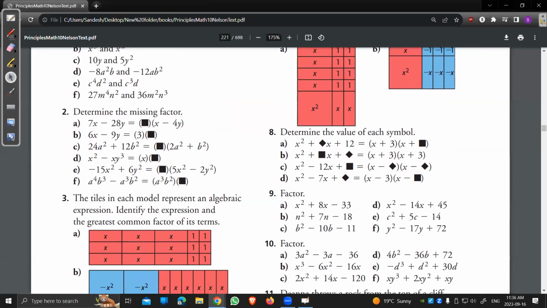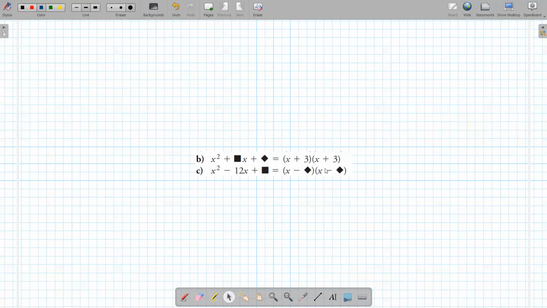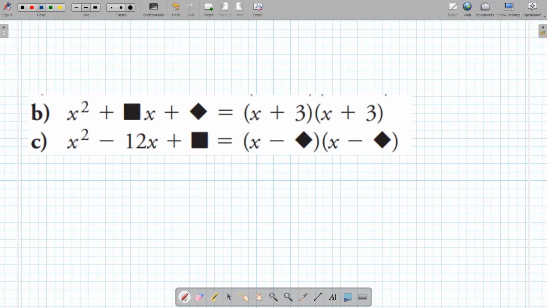Not going to waste time with any more factorings. Maybe we'll do one of these cheeky little ones, because this one is interesting. We'll do these two. Look at B. What do you think the two numbers are?